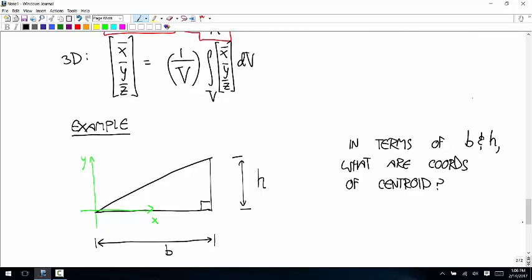If we were doing a circular shape, we might want to try to break it up into infinitesimal pieces of area that are like infinitesimally thin rings around the center. That's not going to work for a triangular shape. So we need a way to break this up into infinitesimal pieces that make sense for the geometry of the thing. And so I'm going to break it up into strips like this.